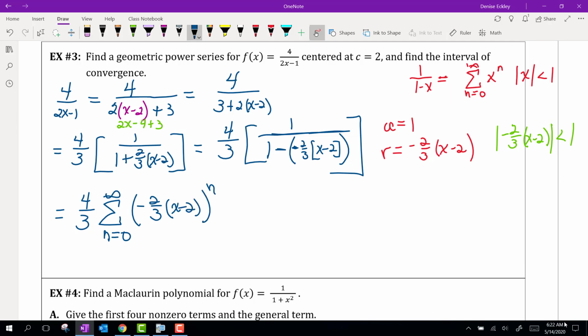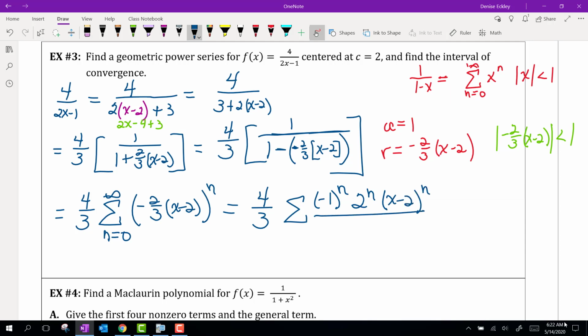So we can just clean that up a little bit so it looks a little bit like series that we are used to looking at. With the negative sign there, we now created an alternating series, so we can pull that negative 1 out. That's for our negative in front of the 2 thirds. And then we have 2 to the n, and then we have x minus 2 to the n.